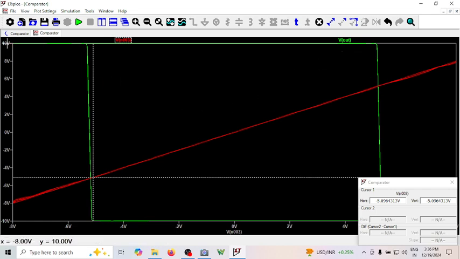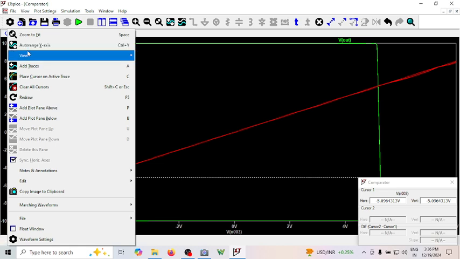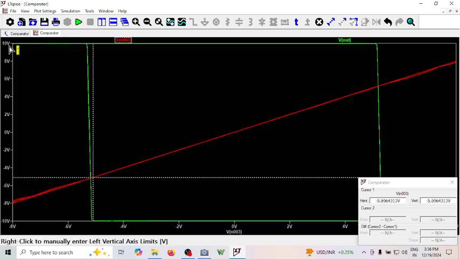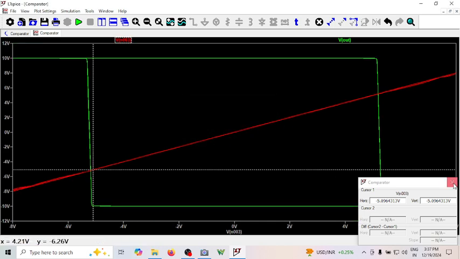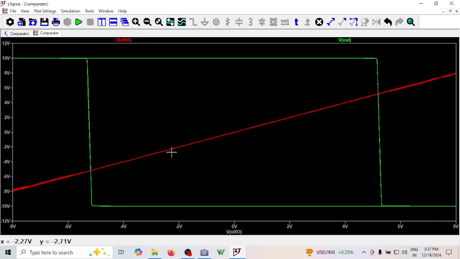Let me change the scale to 12 and minus 12. Let me take out this input. How do I take out the input?